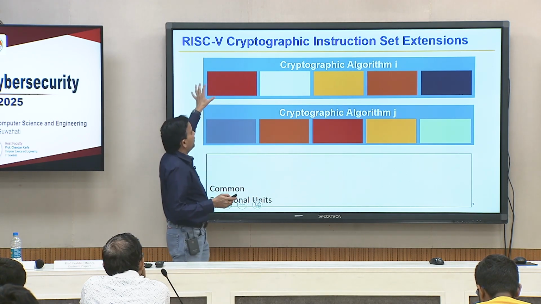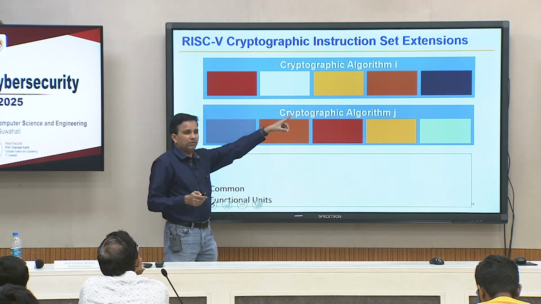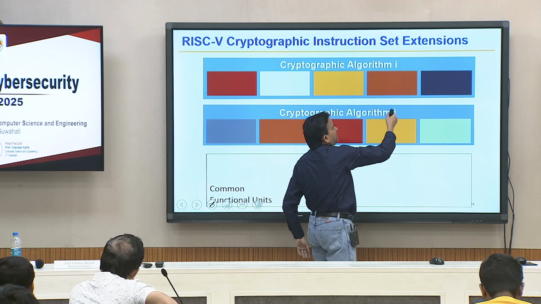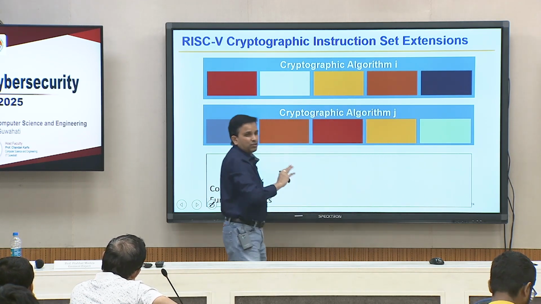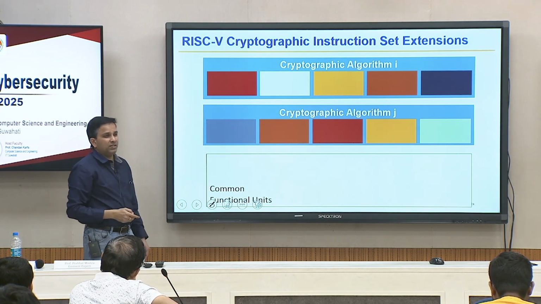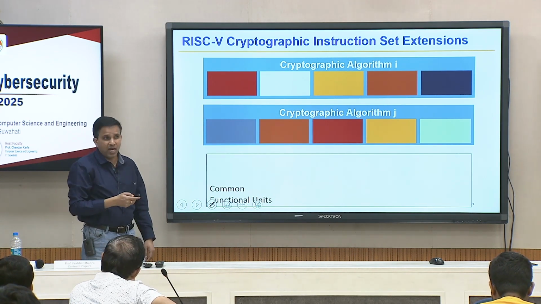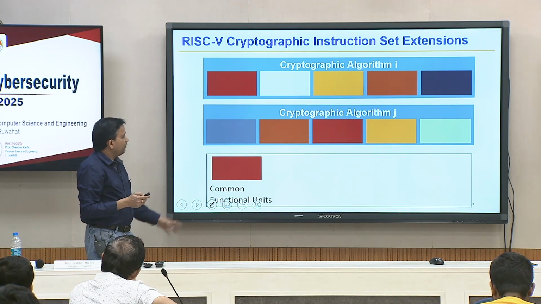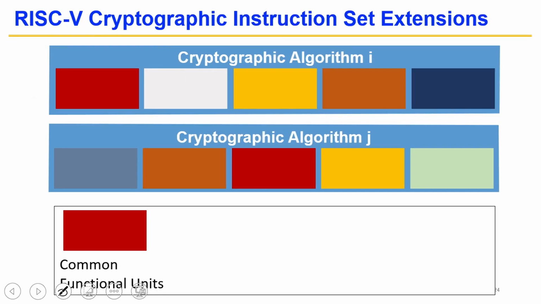Think of a cryptographic algorithm; it does not matter which. This could be AES, this could be elliptic curve cryptography, one could be RSA. Each cryptographic algorithm has some sub-computations. Remember, many of them invoke SHA; you can think of SHA as one of the invocations. And if you look at the common color, this function is called at different stages.